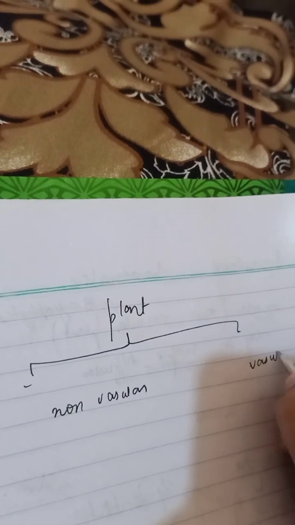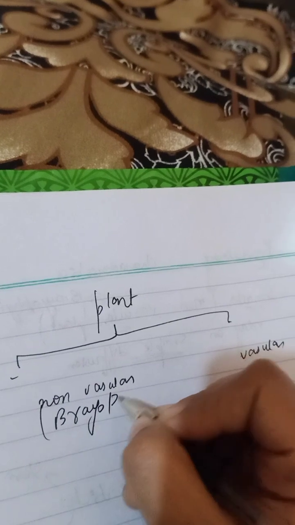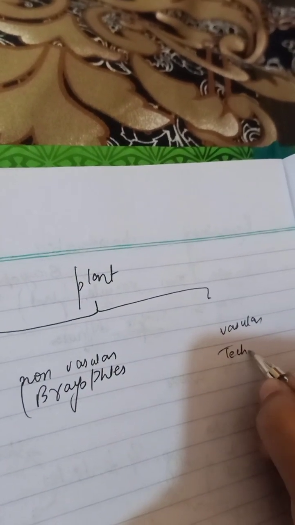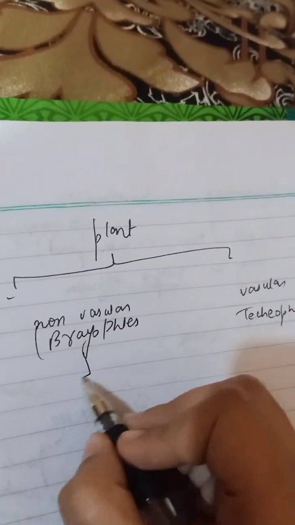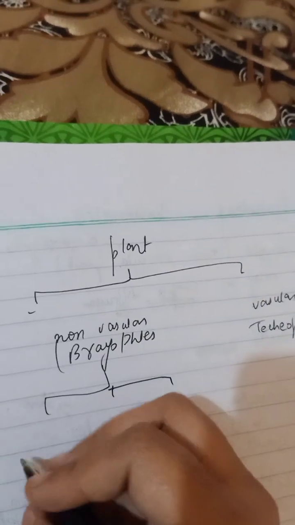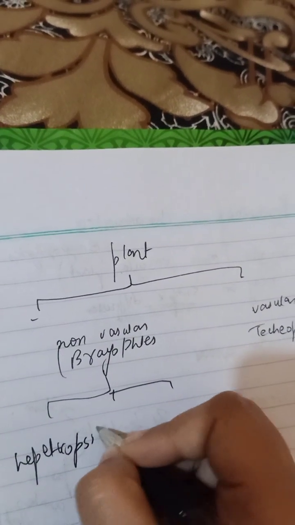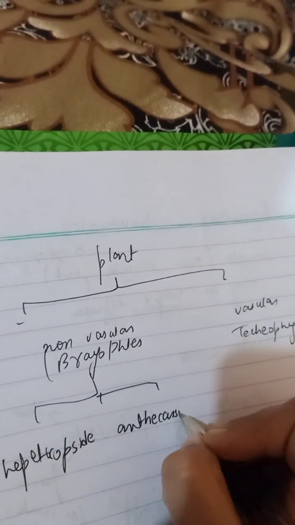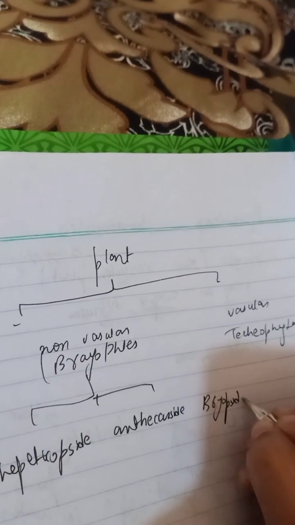The non-vascular are the bryophytes that I have told you about, and the vascular are the tracheophytes. Bryophytes are also divided into subdivisions, like Hepaticopsida, Anthocerotopsida, and Bryopsida.